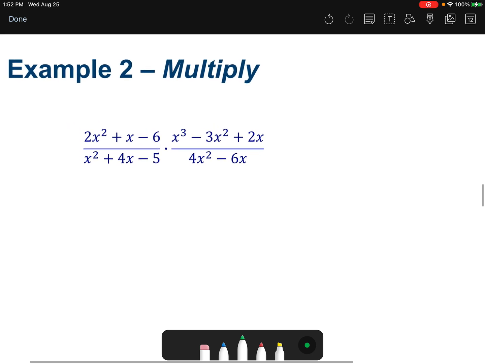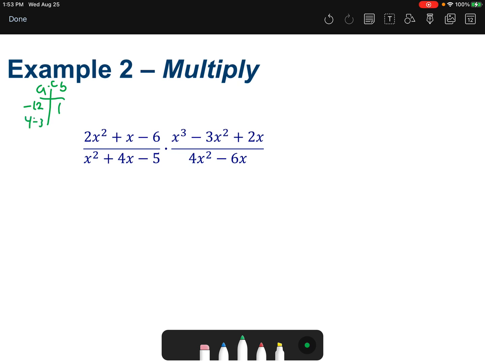Now, to multiply rationals, we do the same thing. We have to factor. Well, this top one, 2x squared plus x minus 6, is going to be a split the middle term problem. So I'm going to split the middle term. A times c got to add up to b, so this is going to be negative 12, has to add up to 1.